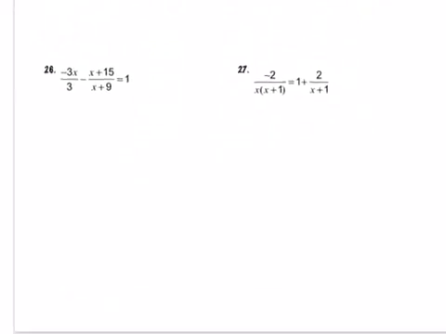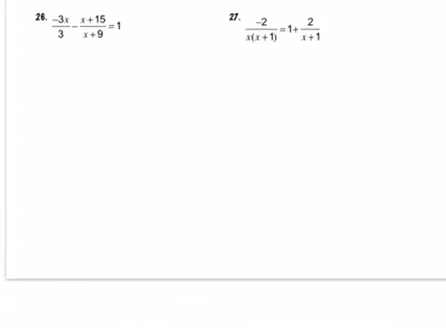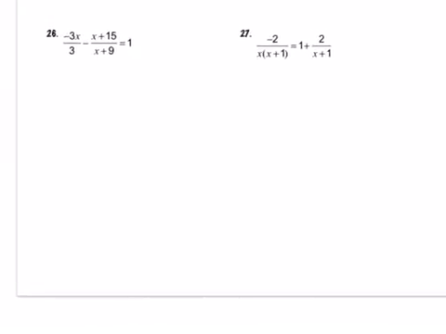And our last two problems, number 26. My LCM here. Okay, looking at number 26, I saw something right away where I can cancel these. So I have negative x minus x plus 15 equals 1. This is over 1, this is over x plus 9, and this is over 1.